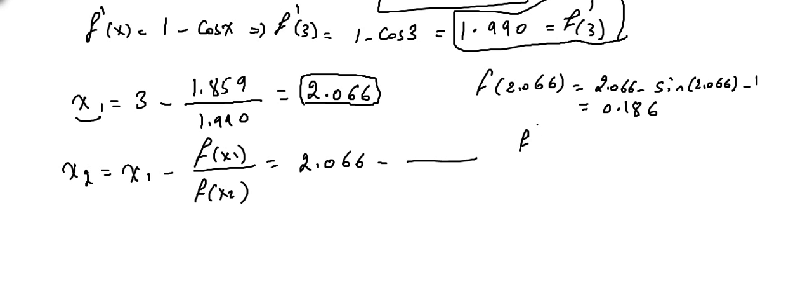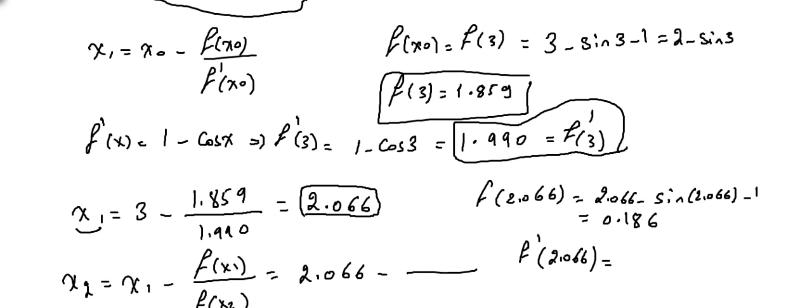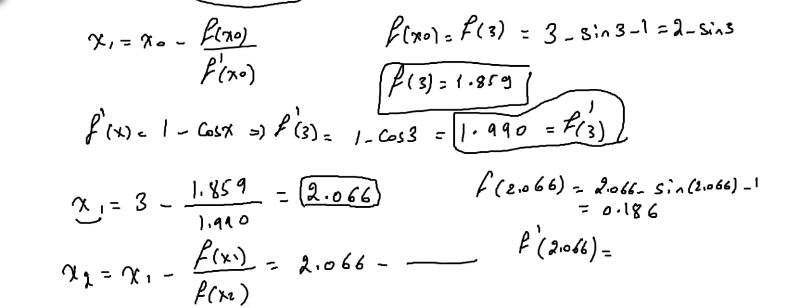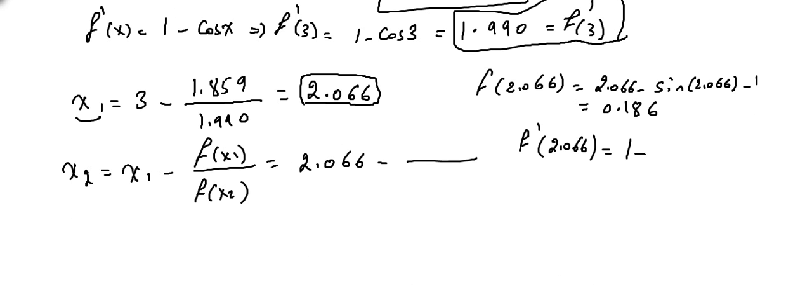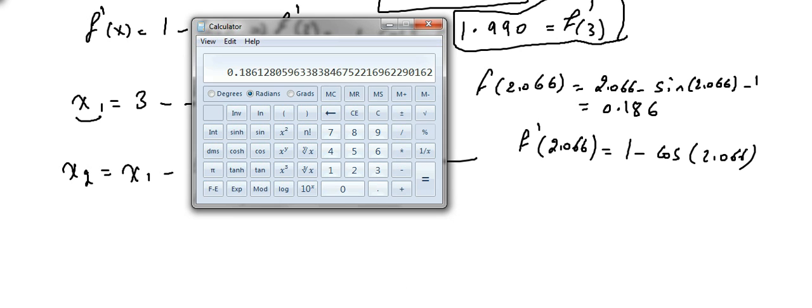And what is f prime of 2.066? What is the derivative? The derivative is 1 minus cosine x, so it's 1 minus cosine of 2.066. Going back to our calculator, I don't know if that's true, I did something wrong.